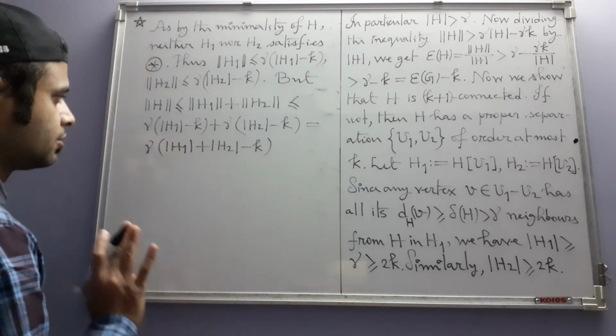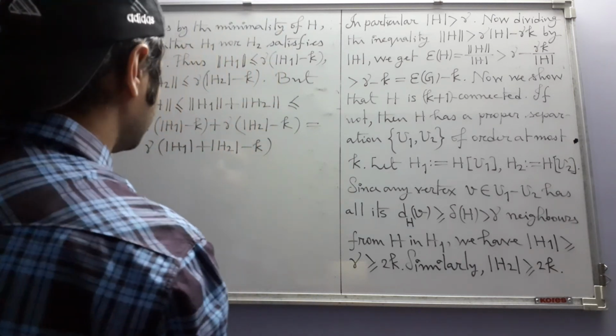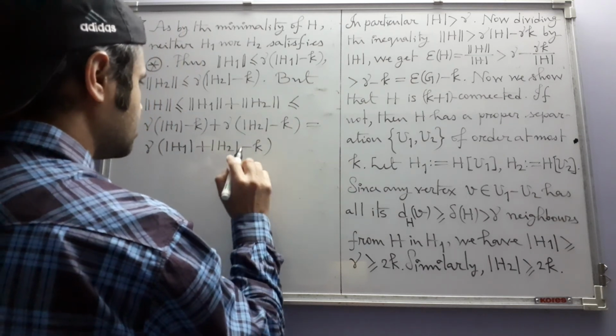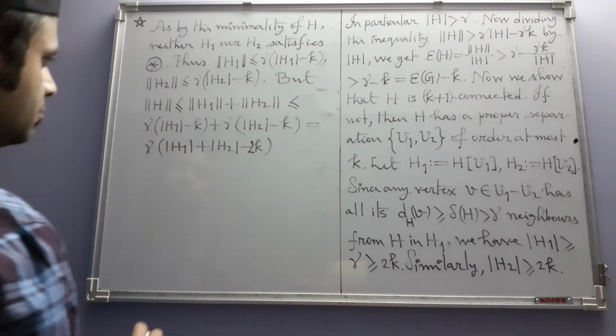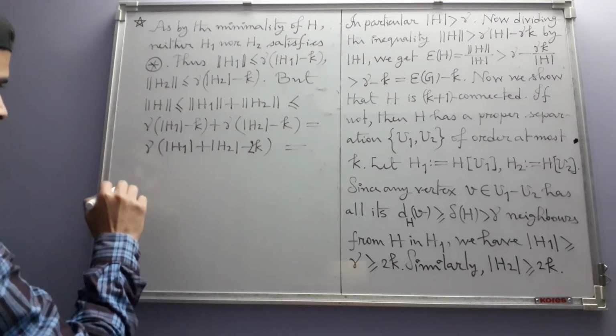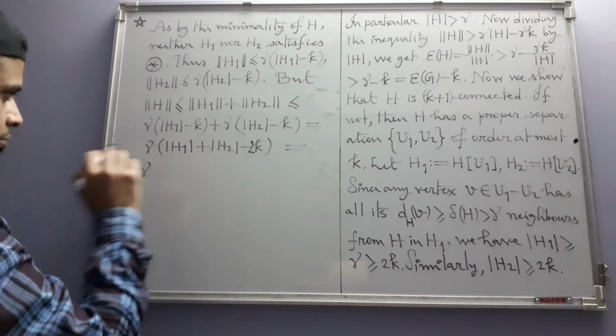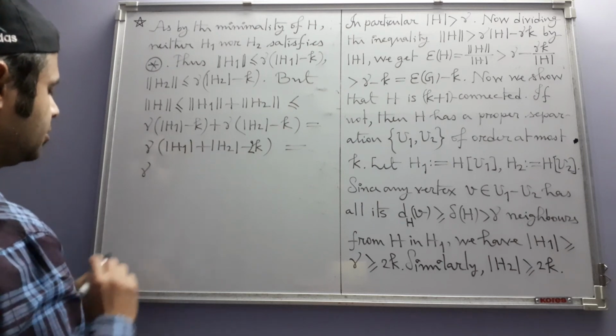No, that's not what we are using. We are going to use this. Here we have 2K. Note that we have one formula from set theory here.